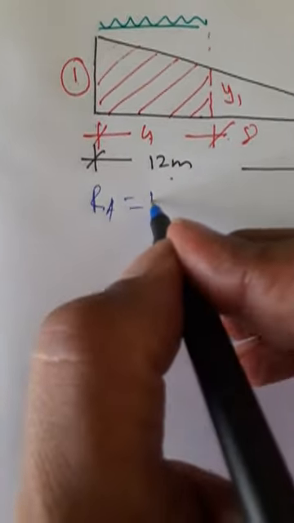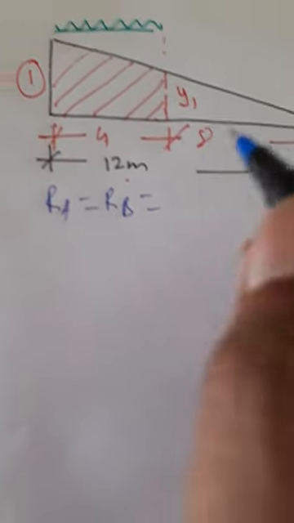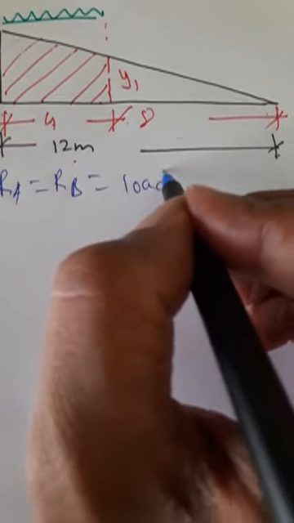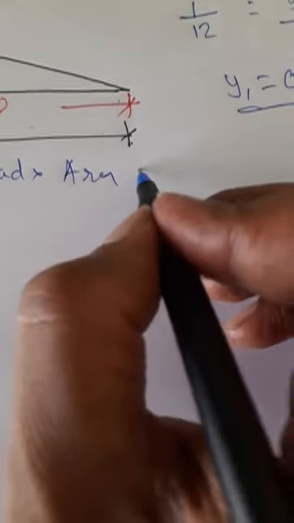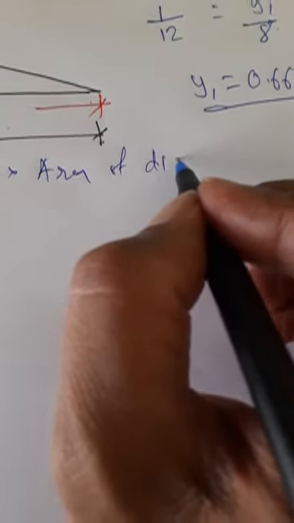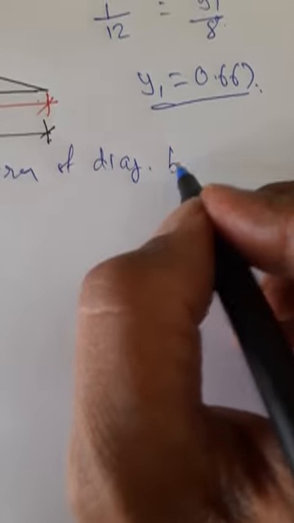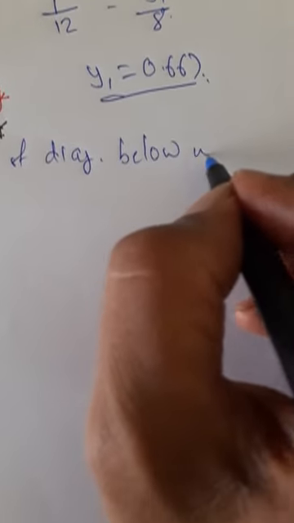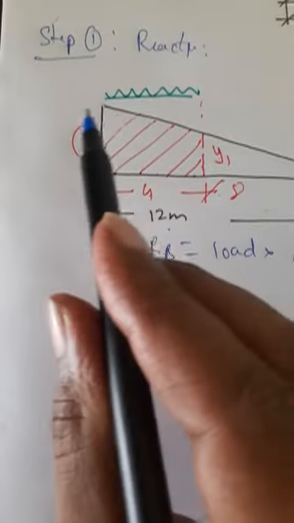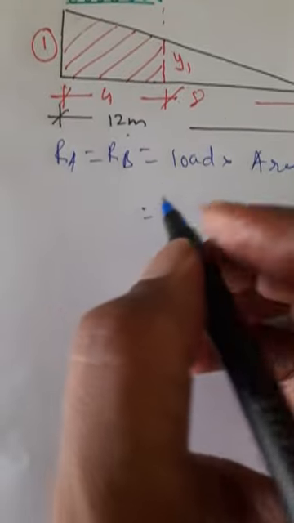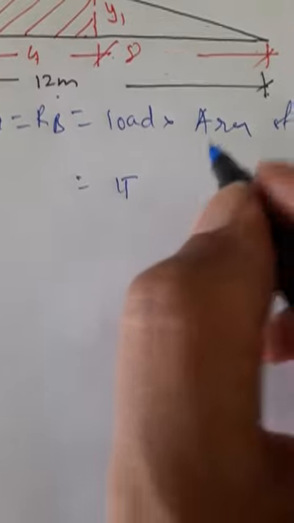Now RA and RB will be the same. RA and RB is equal to load into the area of the diagram below the UDL. So always for UDL you have to calculate the area. So the load is 15 kilonewtons per meter.